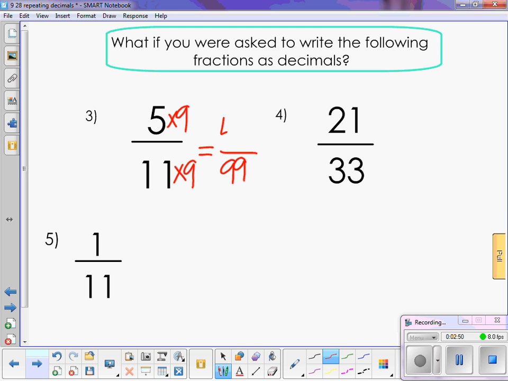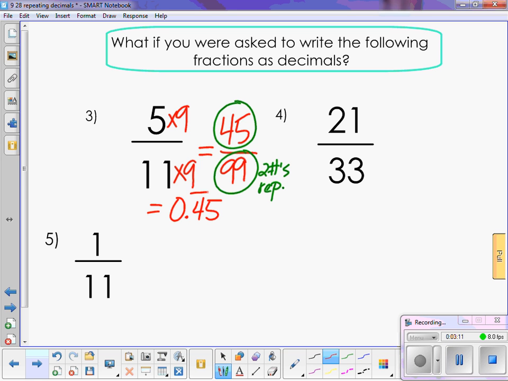So 5 times 9 is 45. Now, this 99 tells us that we have two numbers that are being repeated. And those two numbers that are being repeated are the 4 and the 5. So just working backwards here, our decimal would be 45 hundredths repeated.